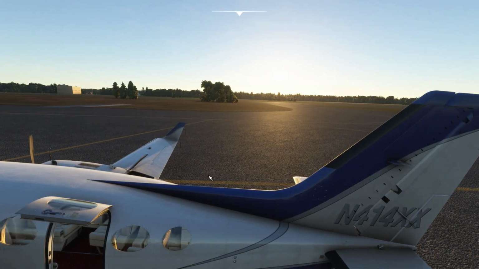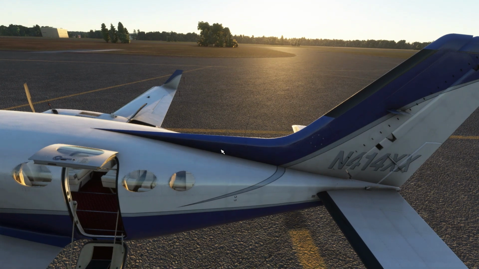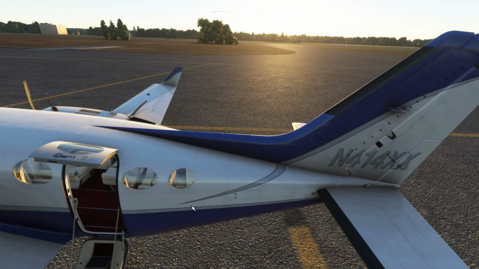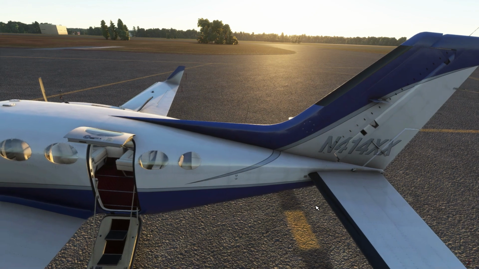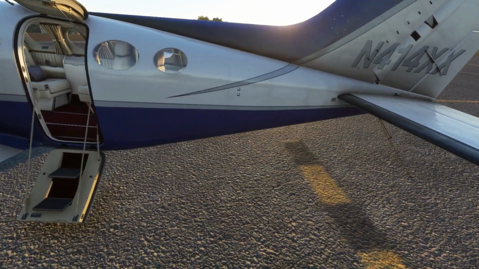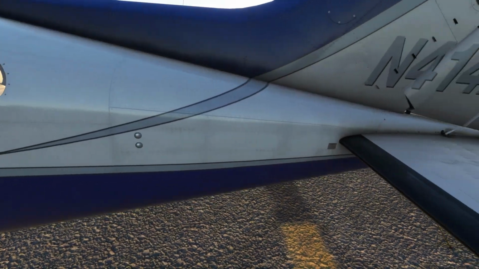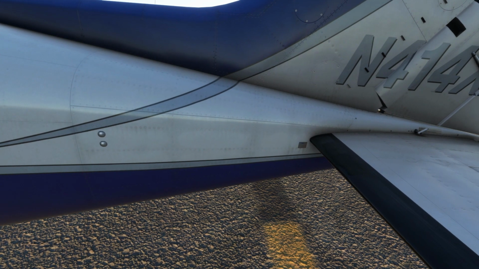So when the fuselage goes narrower, they should be there. However, I couldn't find them. Not a big thing. Let's see, maybe it's this one, but I don't think so.